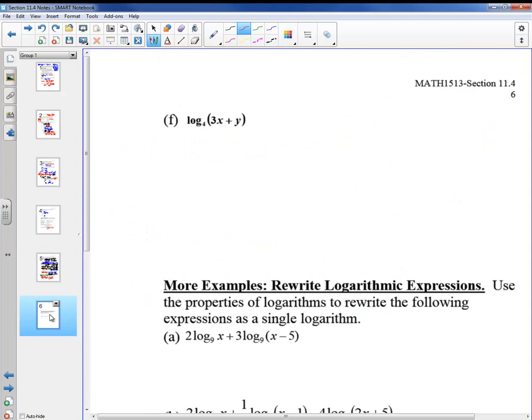Now this one we go back to, rewrite using the properties of logarithms, breaking it down. And we have log base 4 of 3x plus y. But this is actually a trick question. There is no rule that allows you to break down the log of an addition or a subtraction.